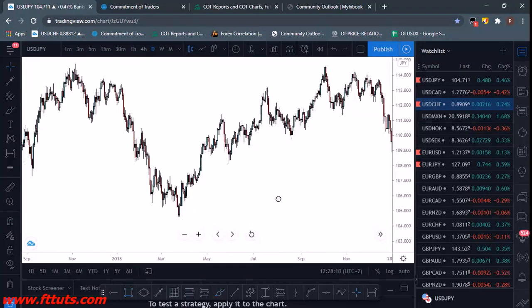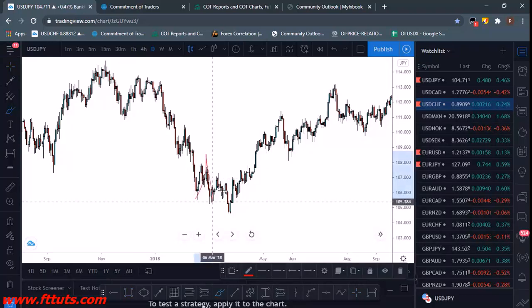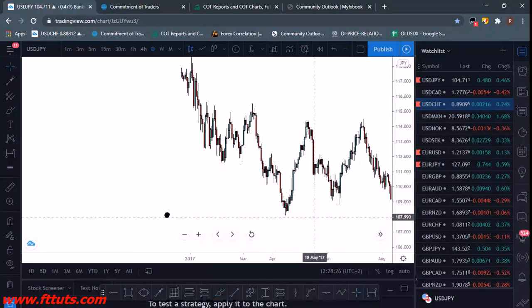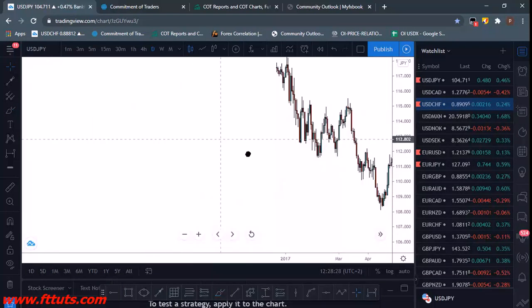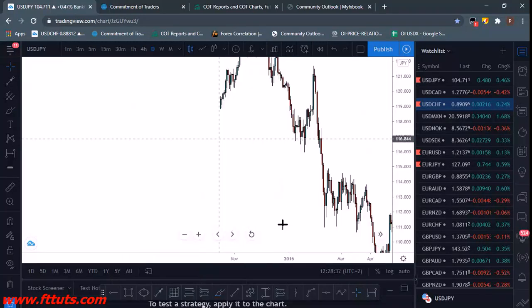Here's another one. There's another accumulation. After this nice move down, the market starts to accumulate, right here. This is an accumulation. I'm not finding distribution, but it's probably because this market was very much bearish.